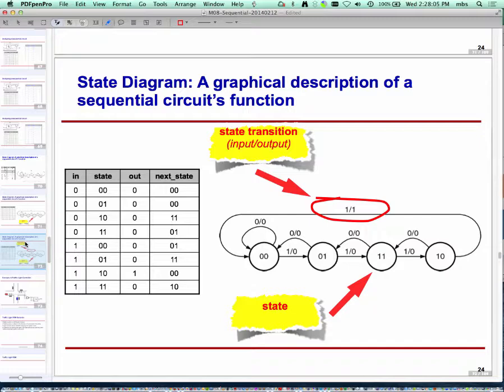In our particular case, the input condition was just a value, so it's basically saying input equals that. But sometimes it could be a Boolean expression over the input variables. So the first part says under what condition I am taking this particular edge, and the second one tells me what the output should be. Or if I have more than one output, it would have more than one bit in there.